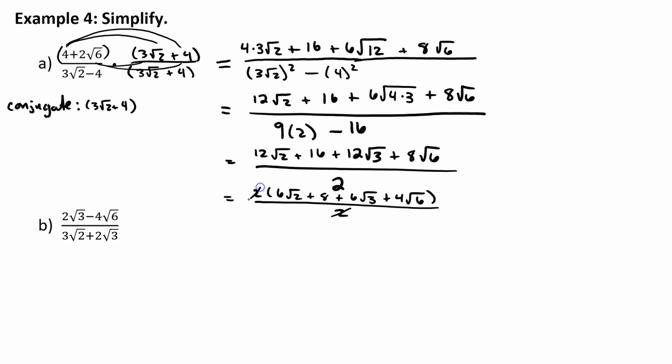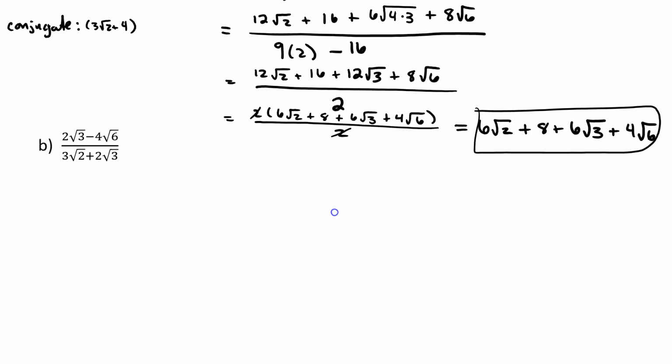Now I can cancel these two. So then my final answer is going to be 6 root 2 plus 8 plus 6 root 3 plus 4 root 6. Now there's nothing similar, like none of these are like terms, so I can't add them together, so that is my final answer. Just leave it.